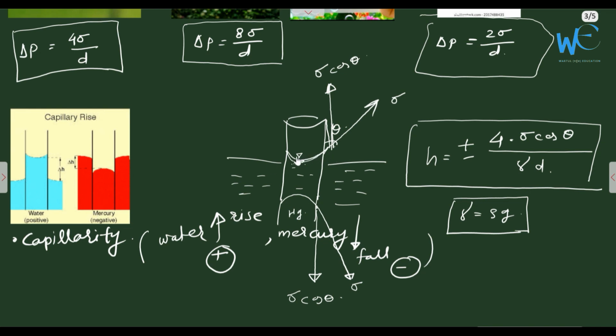If I draw this meniscus, here is one stress, and if I resolve it into two components, I will write sigma cos theta.